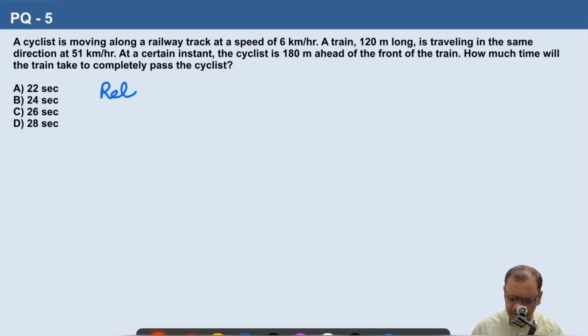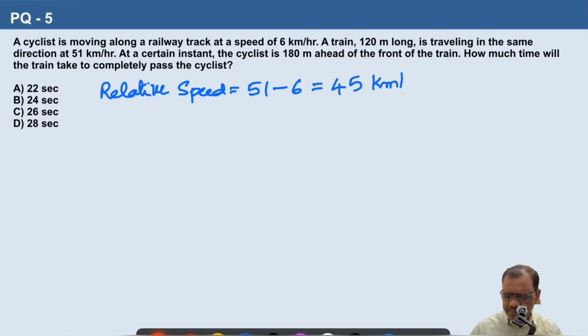Relative speed is the difference of the speeds. Relative speed is 51 kilometers per hour for the train and 6 kilometers per hour for the cyclist. So the difference is 45 kilometers per hour. This is the relative speed.